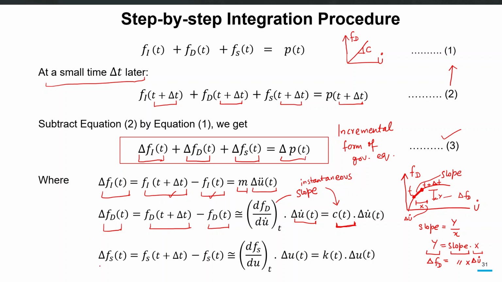Similarly, for elastic restoring force also, the change in fs here, which is the difference between elastic restoring force at t plus delta t and the time t, is equal to the instantaneous slope of the function between fs and u multiplied by the delta u.